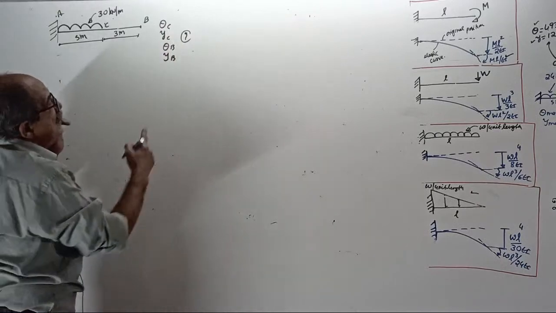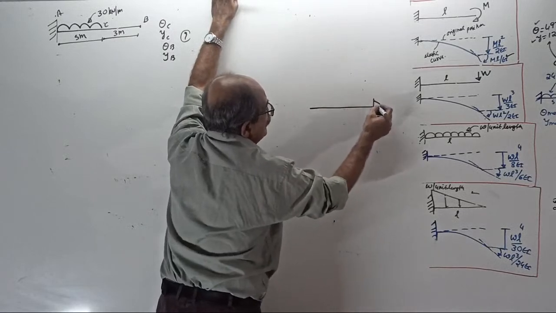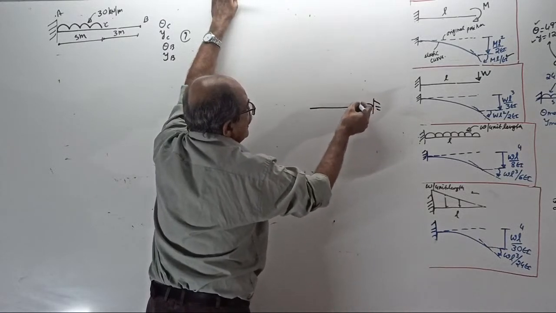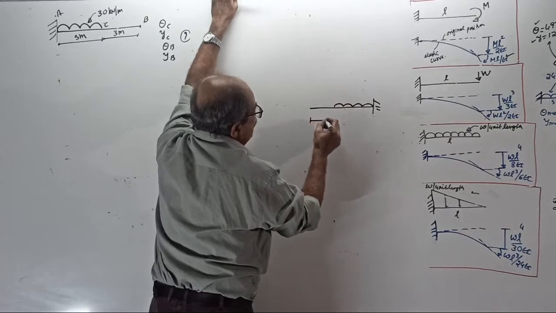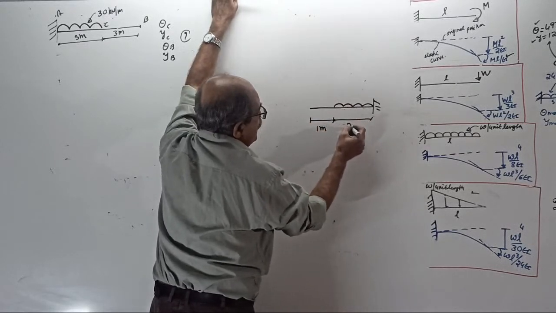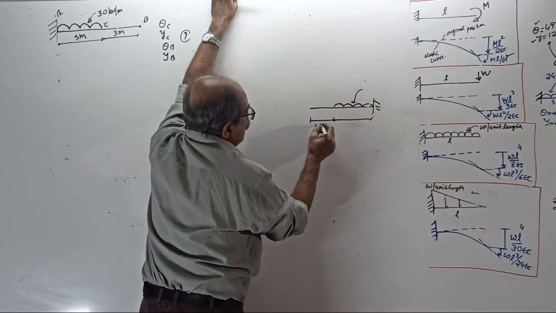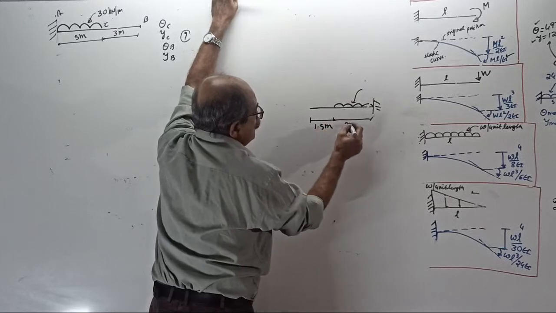Now, simultaneously, I will give homework for you from this side. I will give a UDL here. This length is only 1 meter, this is 2 meter. This is 1.5 meter, this is 2 meter.